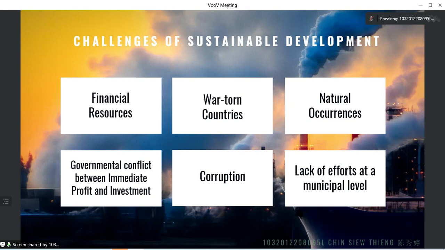The fourth one is the governmental conflict between immediate profit and investment. In this case, a government or country is unable to accept a new technology or transformation toward sustainable development industry. For example, Islamic countries such as Iraq or Saudi Arabia have large resources of fossil fuel, oil and gas.